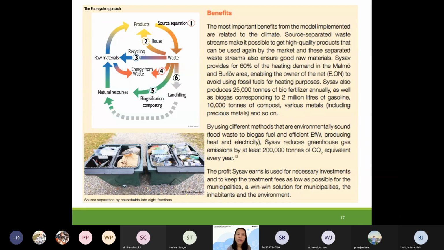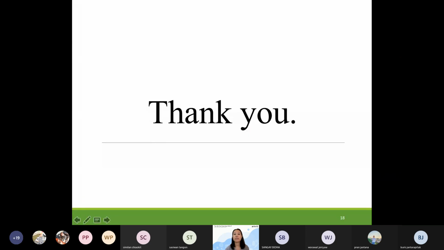If they can separate, and they are concerned about the cost to the environment, the environmental impact and pollution, they will help reduce waste and separate it. This shows one case of success in solid waste management.